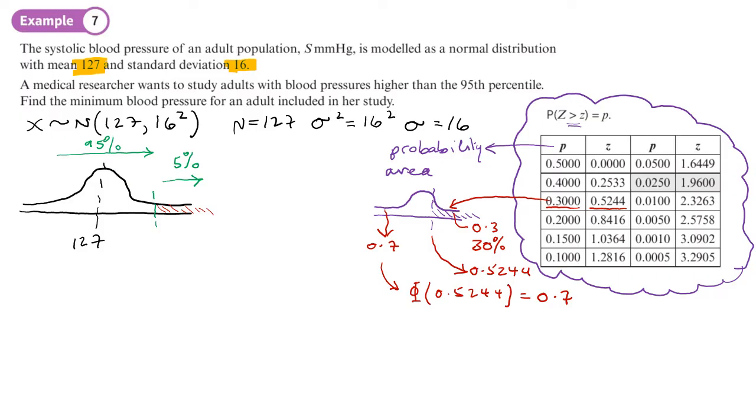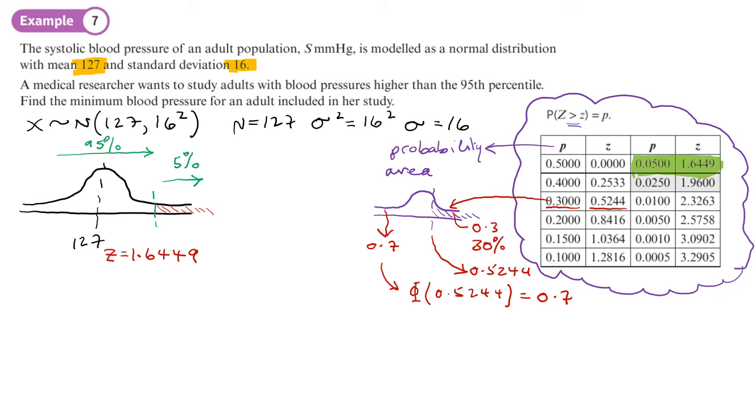Let's highlight it in a nice colour. That should be 5%. So this is saying when you've got 5% in the right tail, the Z value is 1.6449. So I'm going to write that down. 1.6449. Okay, that's what this Z value is.